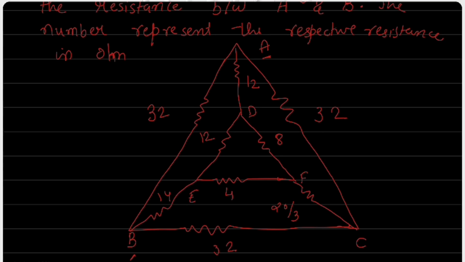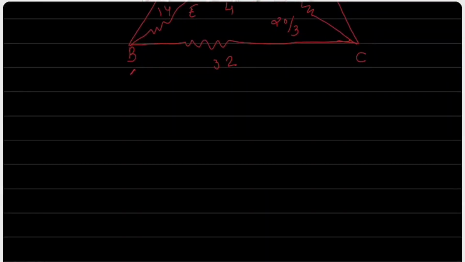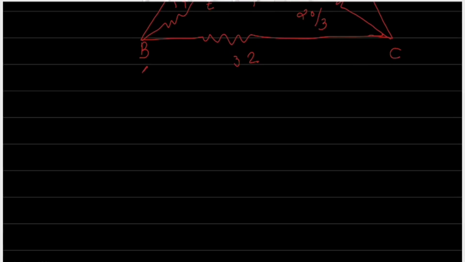As you can see here, there is a delta connection. Here also it is a delta. So first we will convert this delta DEF into star connection. So we know the formula to convert delta into star.